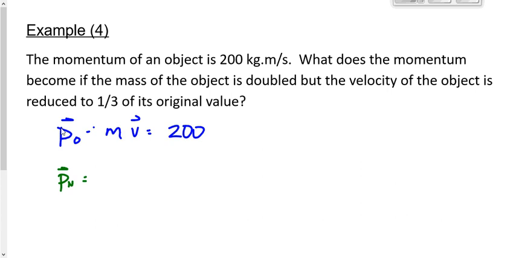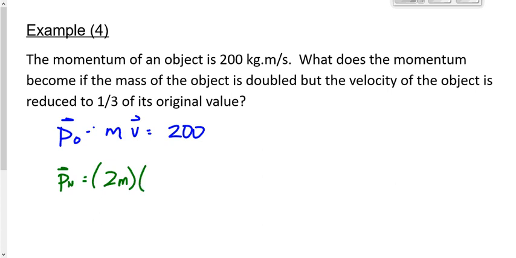My new momentum will still be mass times velocity, but my mass, I'm not going to call M anymore. Do you want to take a guess at what I'm going to call the mass? 2M. I'm going to call it 2M, because I'm doubling what it was. If the mass was called M, now the mass is called 2M. It's still mass times velocity, but my mass is no longer M, my mass is 2M. What's my velocity?